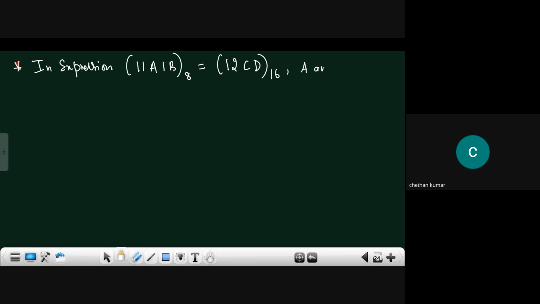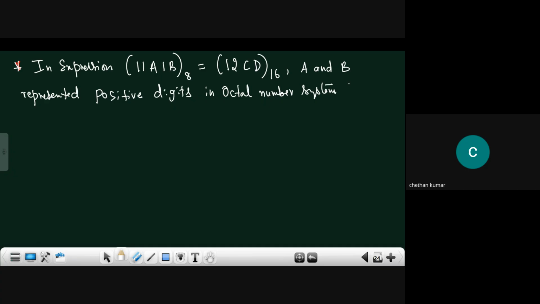A and B are represented as positive digits in the octal number system. And C and D have original meaning in the hexadecimal number system. What is meant by original meaning?